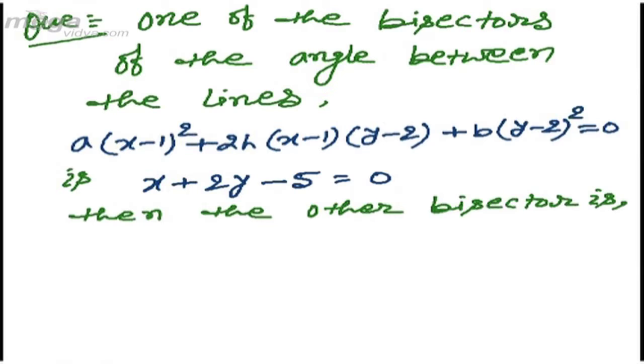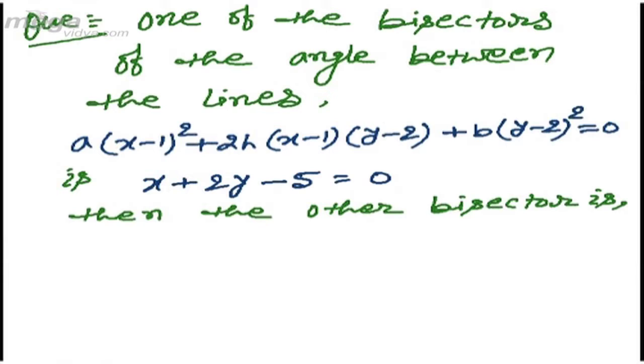One of the bisectors of the angle between the lines a(x minus 1) whole square plus 2h(x minus 1)(y minus 2) plus b(y minus 2) whole square is equal to 0 is x plus 2y minus 5 equal to 0.